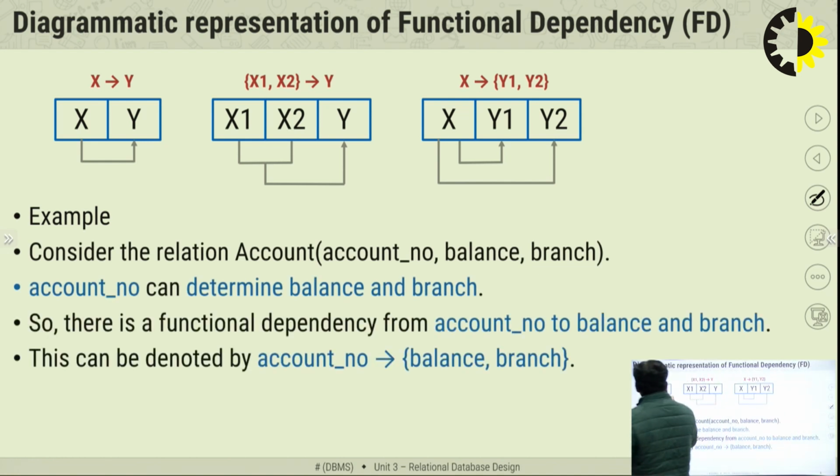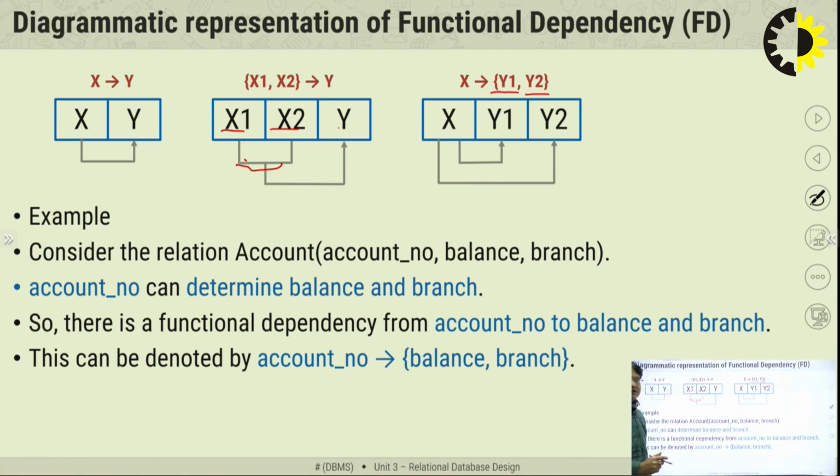There is an attribute X that determines Y. So, this is represented as X determines Y. Suppose two attributes X1 and X2 determine Y, then we will say X1, X2 determine Y. In this way, X1 and X2 combined together determine Y. Next, a single attribute X determines two attributes Y1 and Y2. This will be represented as X determines Y1 and X determines Y2.